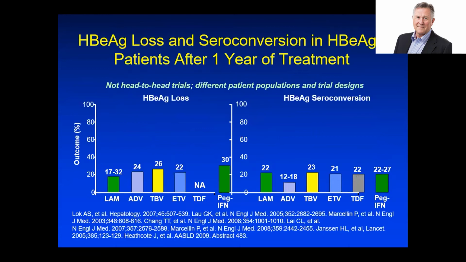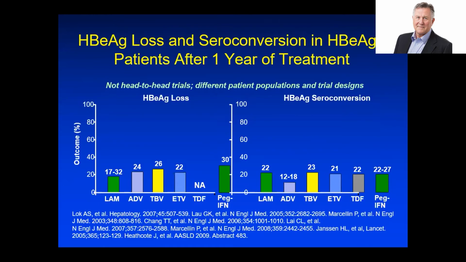The other question patients will ask, and some doctors and other health practitioners will ask you, is: when can I stop my drugs? It's not a straightforward question. There are endpoints that we use to stop drugs, and it depends whether you're E antigen positive or E antigen negative.